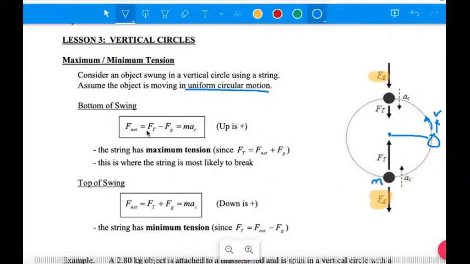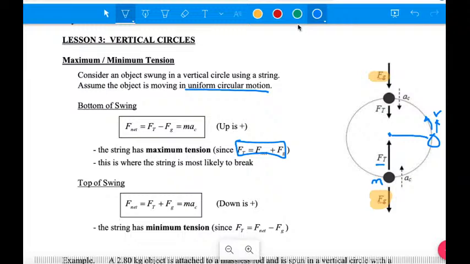If we combine that all, the net force at the bottom of the swing is equal to Ft minus Fg, and that's going to be our maximum tension. Solving for Ft in that equation, we add the mass times the centripetal acceleration plus the force of gravity, Fg. So this becomes our tension force equation.